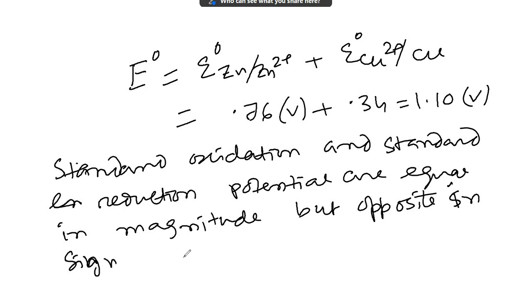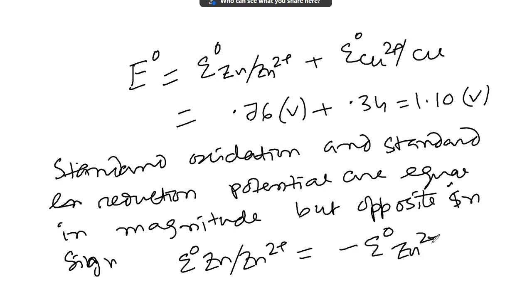That means E naught Zn to Zn2 plus can be written as minus E naught Zn2 plus to Zn. It is the case of oxidation, it is the case of reduction. Oxidation and reduction potentials are equal in magnitude but opposite in sign. If oxidation is positive, reduction potential has to be negative and vice versa.